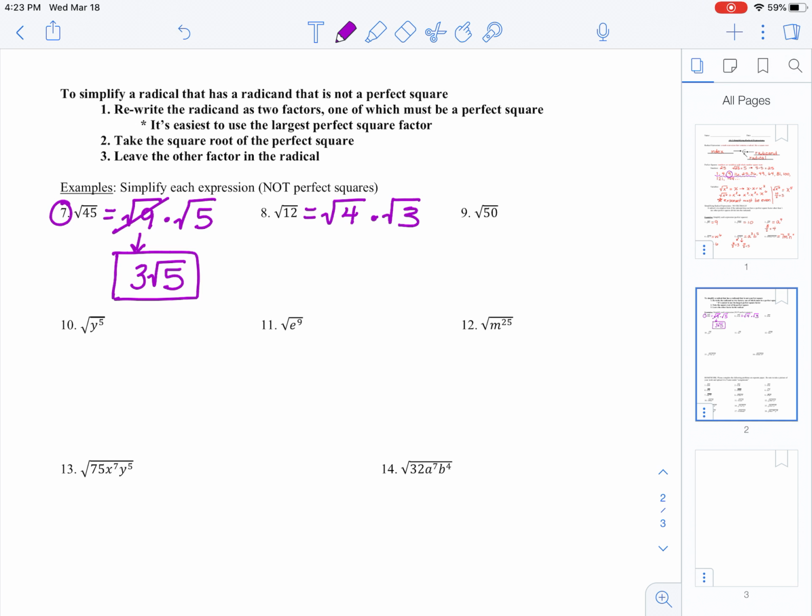The square root of 4 is 2, so I can take the square root and get a plain old 2 that comes out of the radical. The square root of 3 would give me a decimal. I'm not allowed to have decimals, so I leave the 3 under the radical. I know this is completely simplified because there is no other perfect square that goes into the radicand. So this is my final answer.